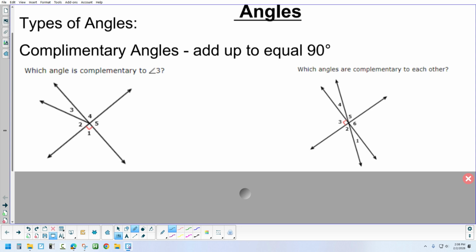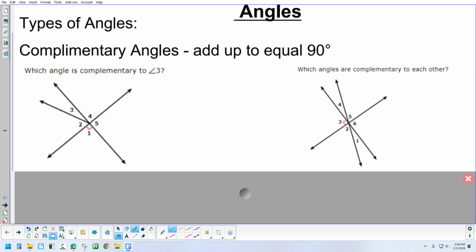So complementary means that the angles add up to 90 degrees. No, if we took this one and we put these two together, they wouldn't add up to 90 degrees. Oh, okay, so 2 and 3. 2 and 3, yep.